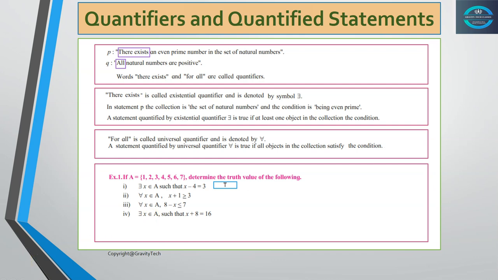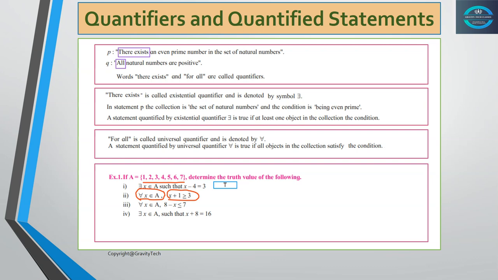Let's see the next. Now the next one is saying for all. See, if you look at this, for all x in a, x ए में सभी x, हर एक के लिए, 1 के लिए भी, 2 के लिए भी, 3 के लिए भी, 4 के लिए भी, 5, 6, 7 के लिए भी, for all of these elements in a, x plus 1 is greater than equal to 3. Is it true?